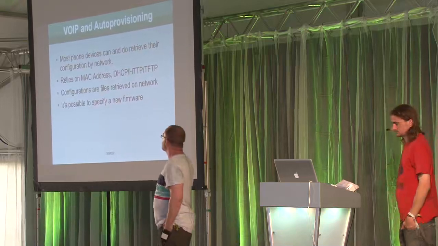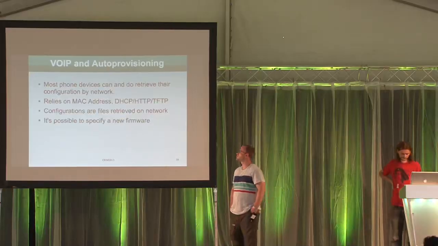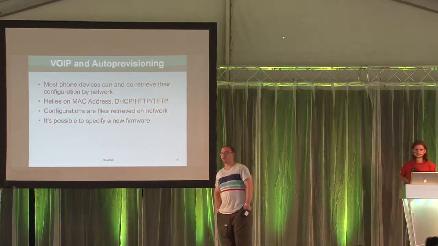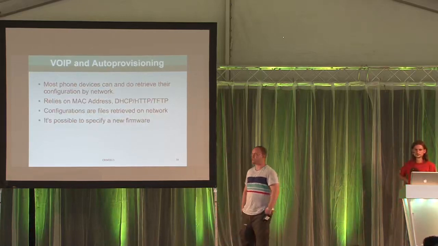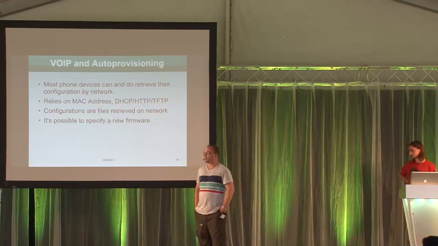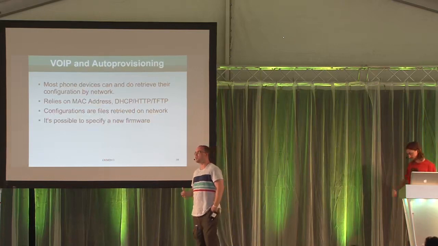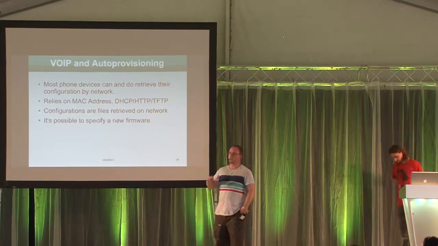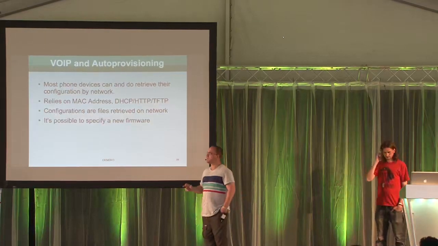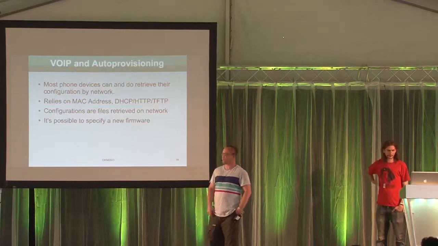What it does mostly, it does a first DHCP request, and some of them will look for the next server option, which will point to some TFTP server or HTTP server, and they will ask by default first for a default configuration file, which could be brown.cfg, brown.xml, and then a specific configuration file which is identified by the MAC address of the phone.